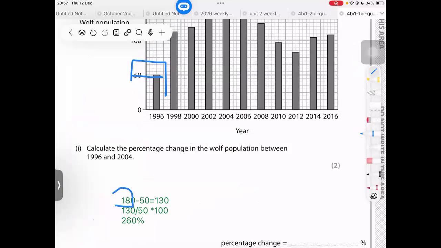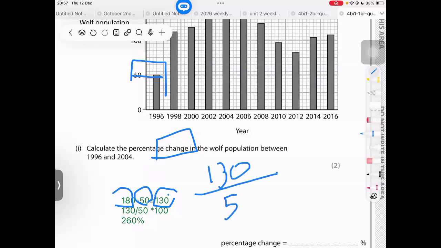They're asking for the percentage change. So the change is the final value subtracted by the initial value, which is 180 minus 50, 130. And how do you find the percentage change? The change divided by the initial value. What was the initial value? 50. Multiplied by 100, you get 260%.